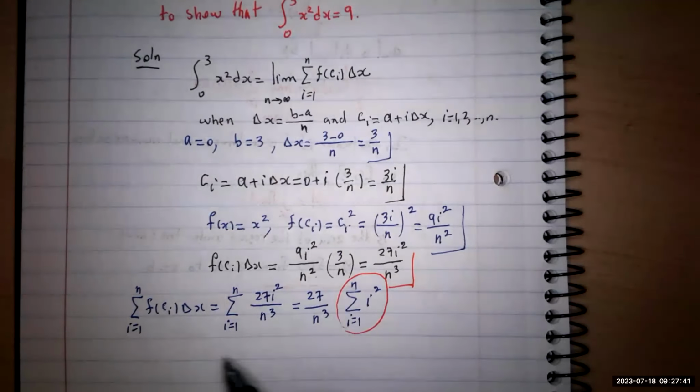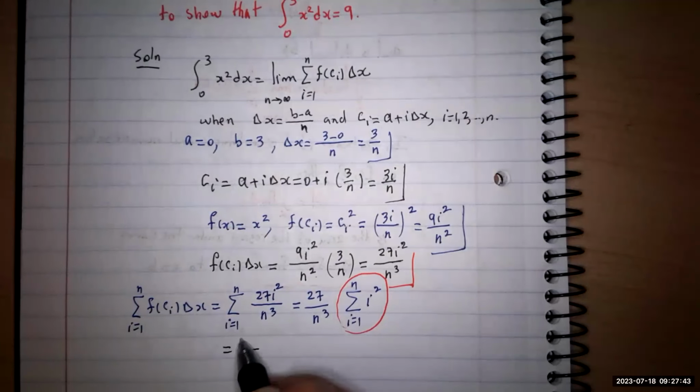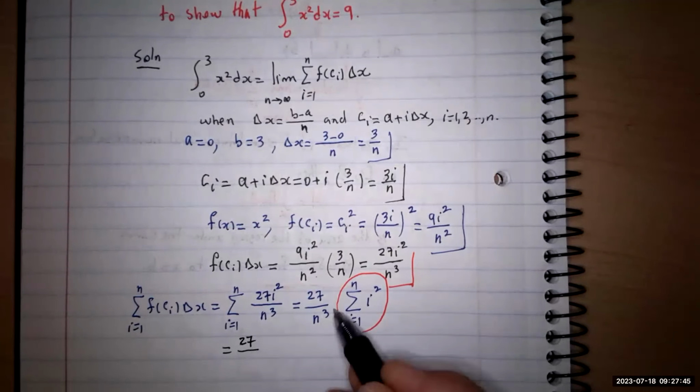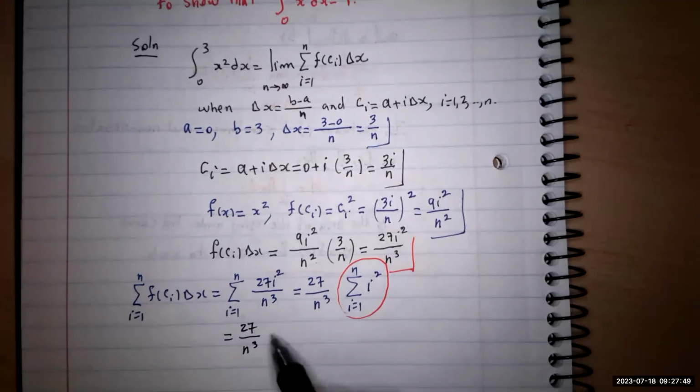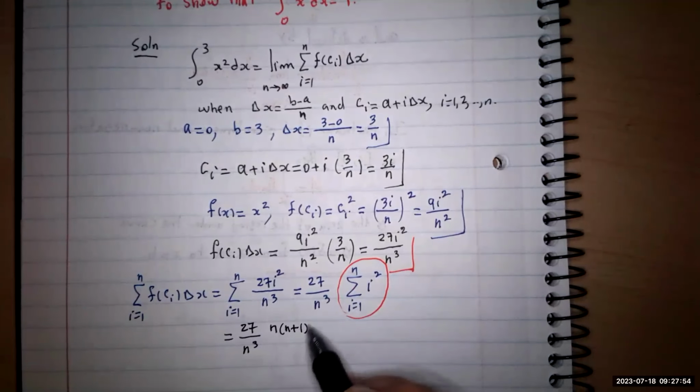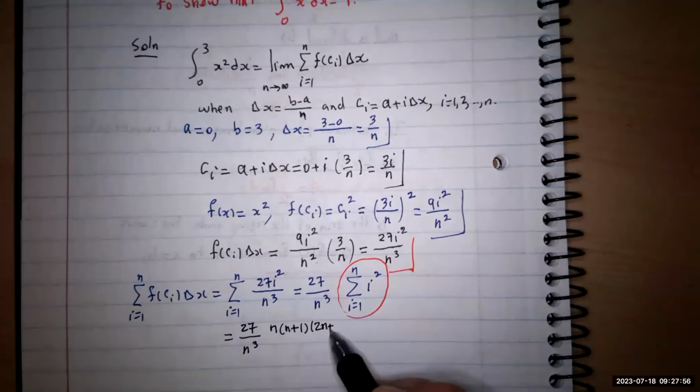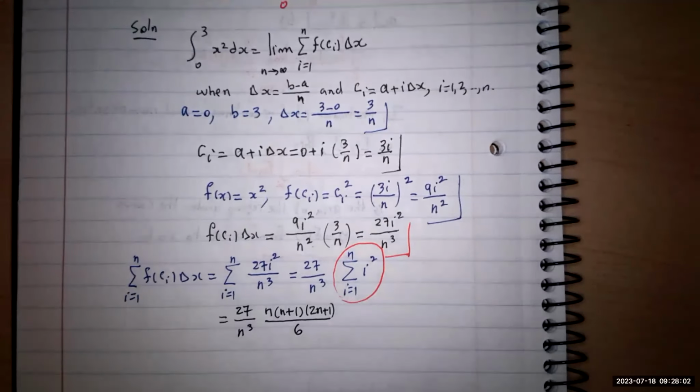You continue: equal to 27 over n cubed, times n times (n plus 1) times (2n plus 1), divided by 6.